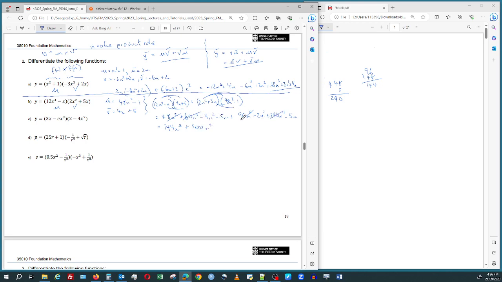There you go. Minus 4x squared minus 2x squared is minus 6x squared. Minus 5x minus 5x is minus 10x. Okay, so there's your final result for that one. And we just keep going with them. Okay, doesn't matter which way you do it, it's fine.